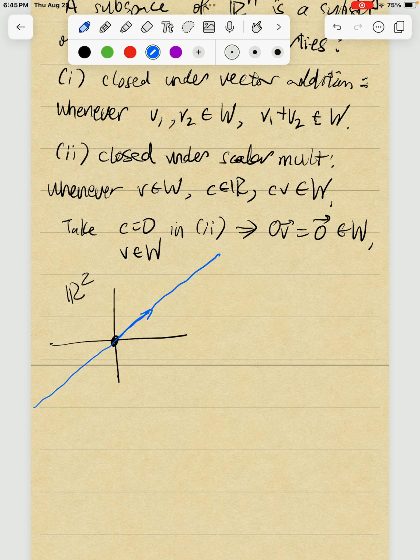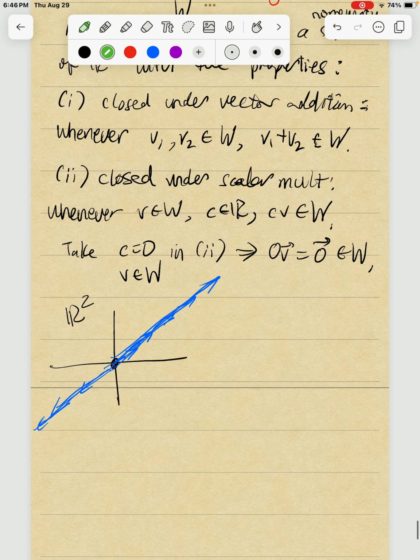If it contains the vector, it has to contain all real scalar multiples of that vector. So once you have a vector in it, it has to contain the line through that vector. Now, if your subspace of R2 is just this line, then that would be a subspace. I mean, a line through the origin is a subspace.